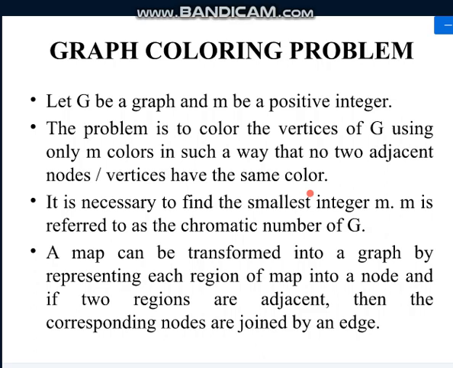So the problem is to color the vertices or the nodes of the graph in such a way that no two adjacent nodes should have the same color. Adjacent in the sense if the two nodes are connected. If the two nodes are connected, those two nodes cannot have same color. So that is the constraint.